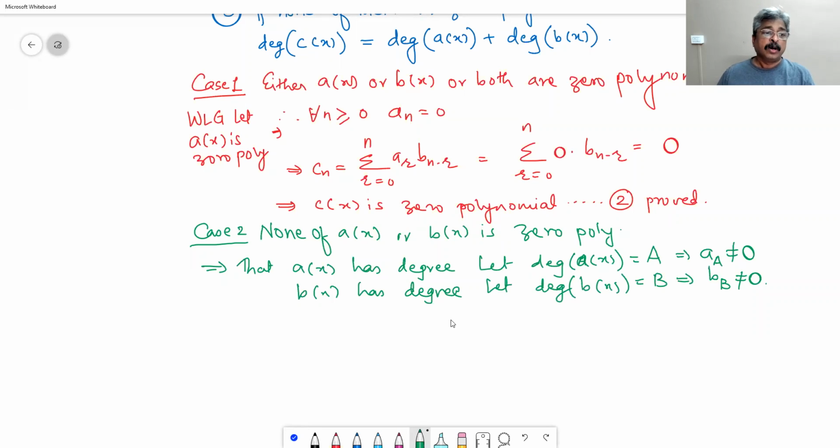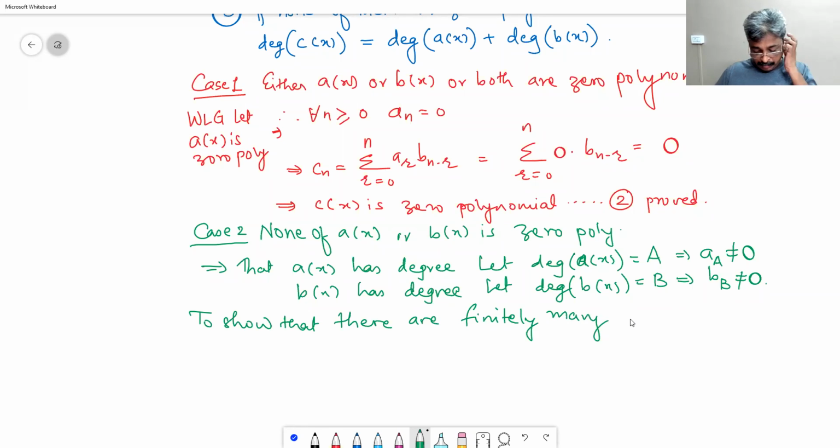Therefore, we have to show that finitely many coefficients c_r are non-zero.